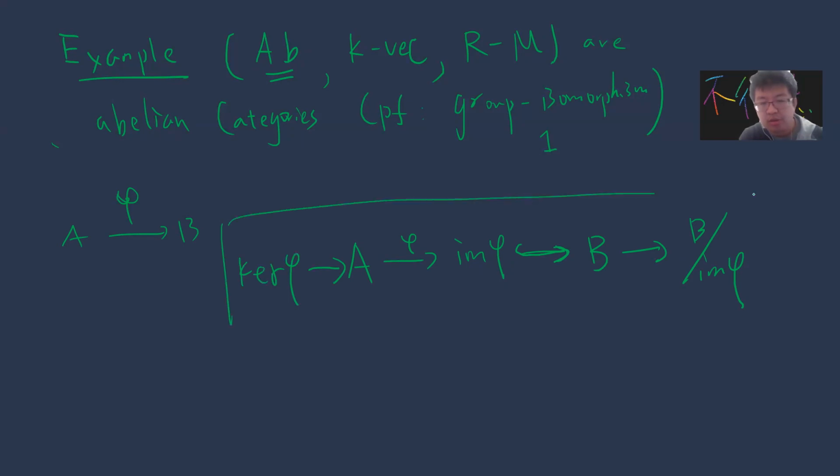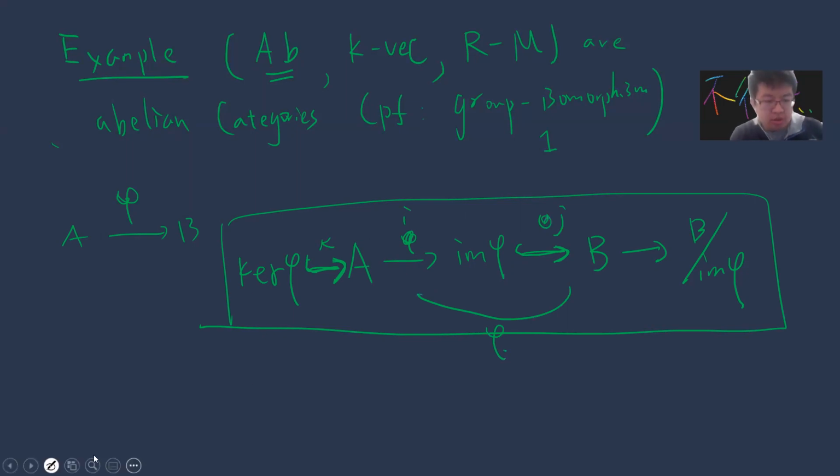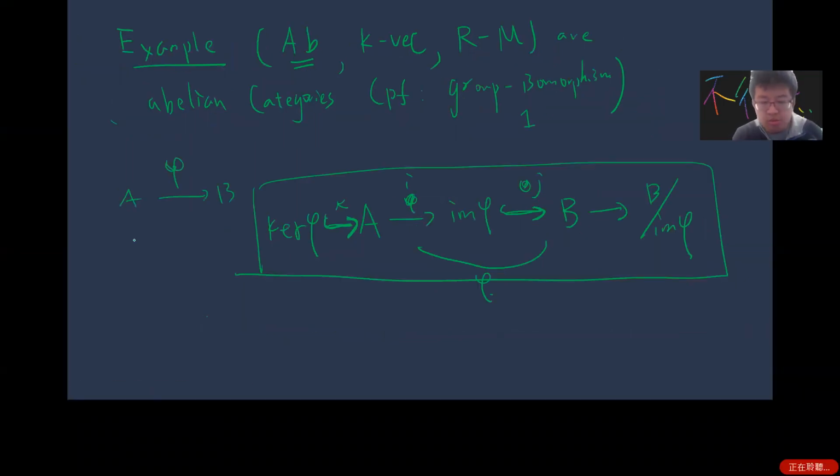And this map is injective. So I use kappa, sorry, I should say I and J, and all these are phi. Okay, what did I do, such a stupid thing.